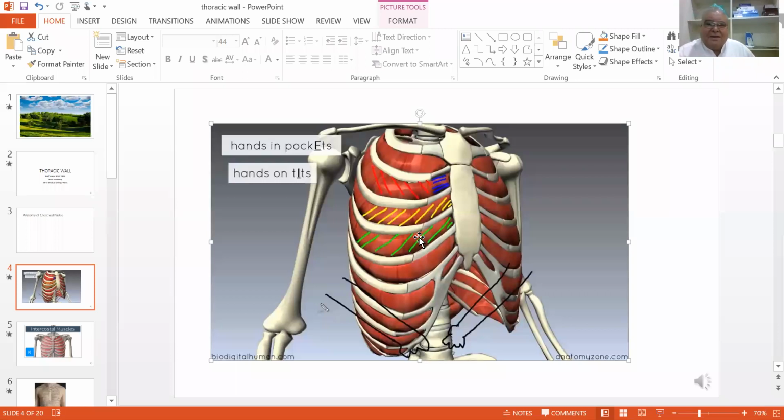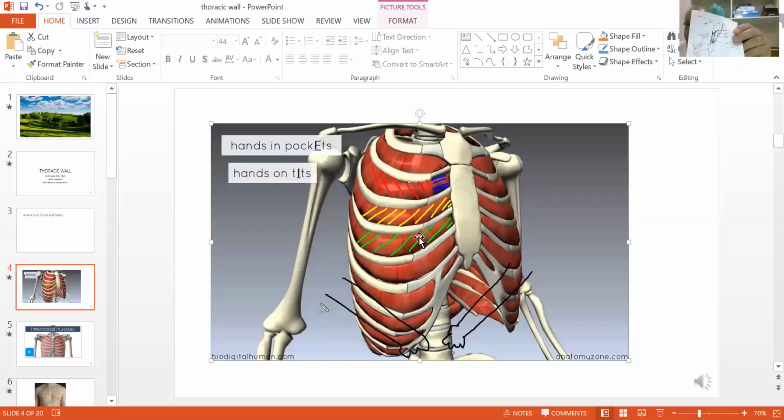This is called the intercostal vessels. And these have a relation like this. If you can appreciate this one, this is the upper rib, this is the lower rib, right? And this one is the external, this is the internal, and this is the innermost thoracic. So this is the distribution.